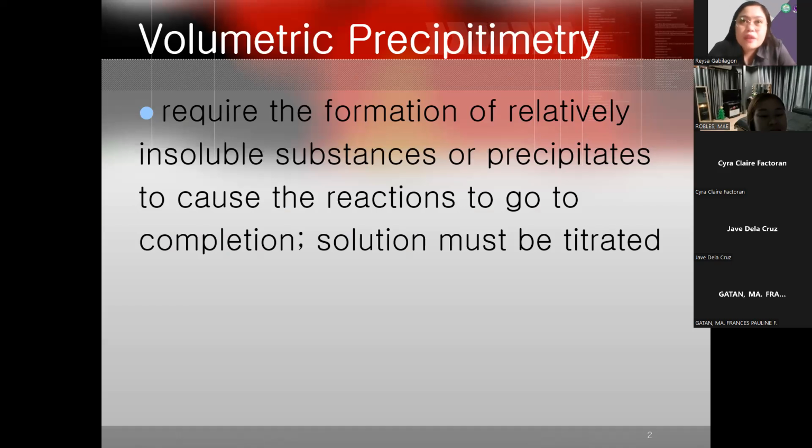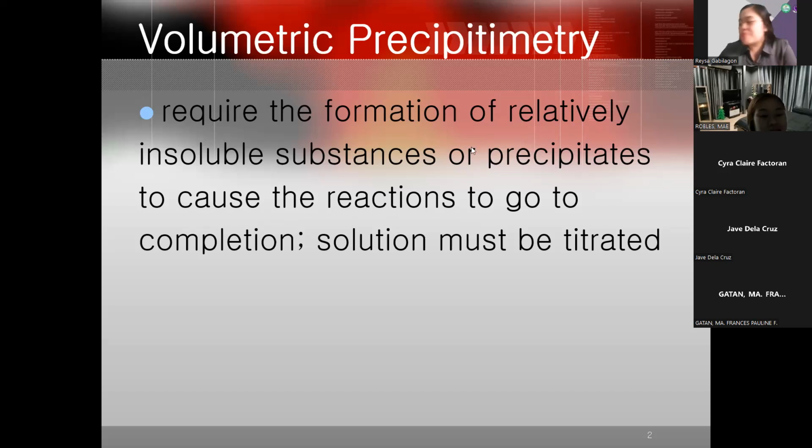Now, how about those substances that cannot be considered as an acid nor a base? So dito siya magfo-fall either sa precipitometry or sa complexation method.